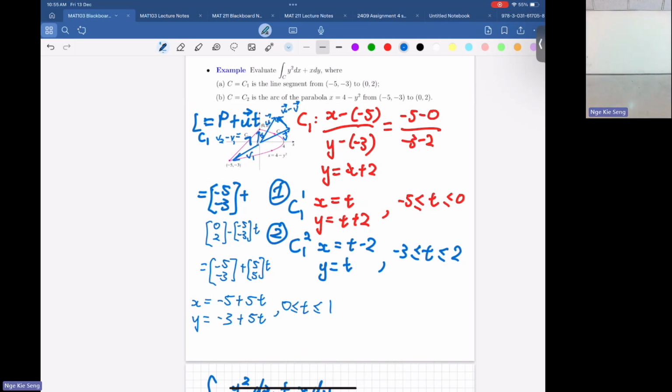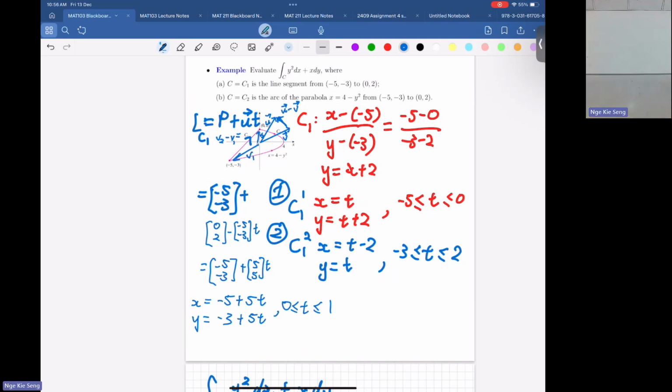Can you see what happened? Everyone, can you see why the t changes? The time is different. In the three parameterizations here, the time is different. Can you do some interpretation of these differences in the variable?